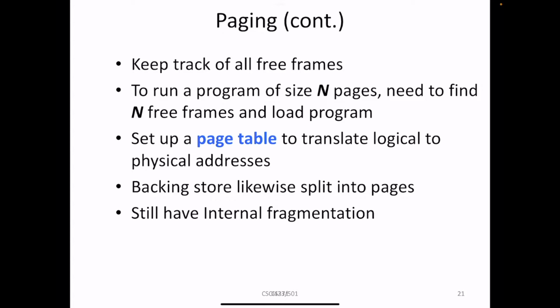Since the n free frames may not be contiguous and in order, we need to set up a page table to help us translate the logical addresses to physical addresses. And also, since the swapping mechanism is supported by the system, so that processes can be swapped out and in between main memory and the backing store, the backing store also needs to be split into pages.